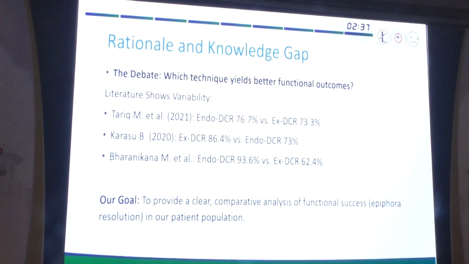In another study, Baranikana et al. mentioned endoscopic DCR has 93.6% success versus external DCR 62.4% success. So our goal is to provide a clear comparative analysis of functional success, epiphora resolution, in our patient population.